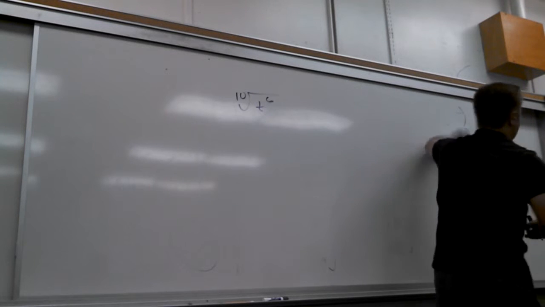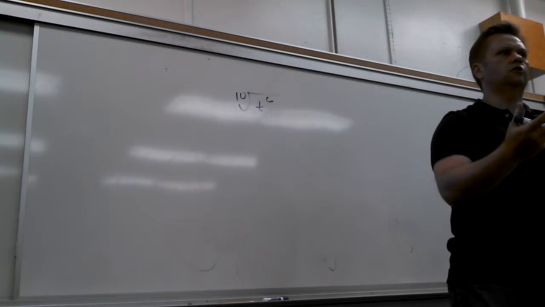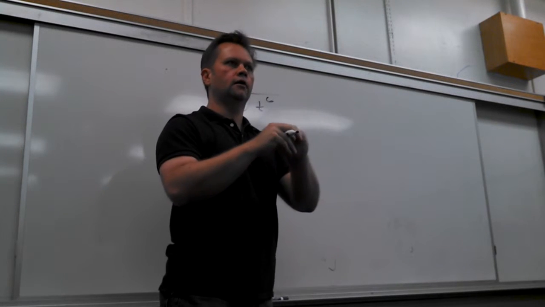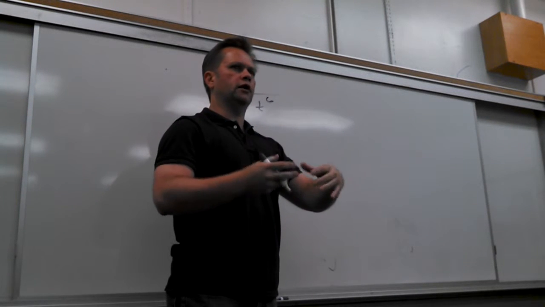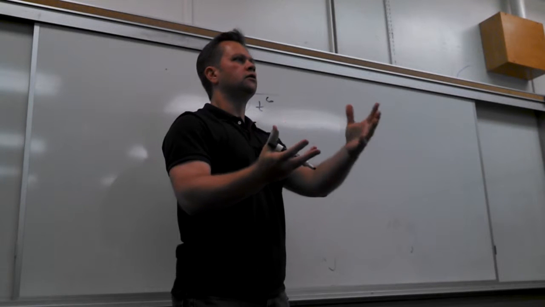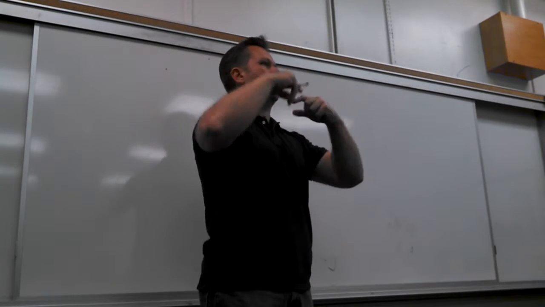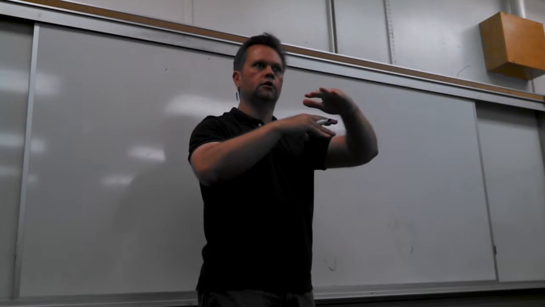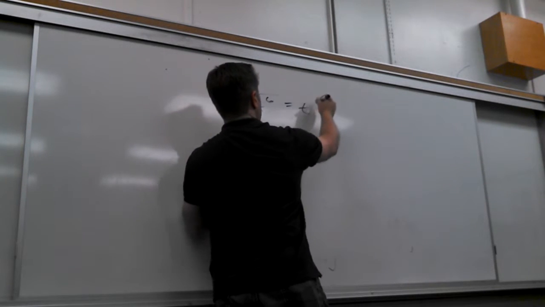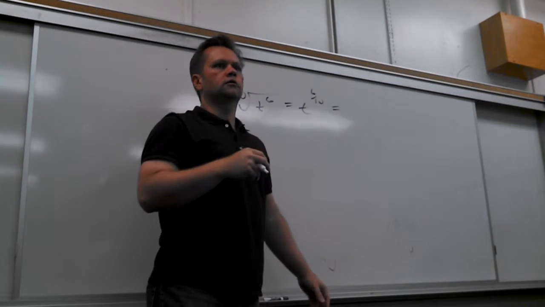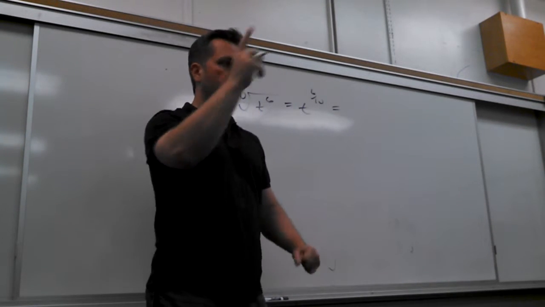What's another way to say rational exponents? The instructions say use rational exponents to simplify. What does the word rational refer to? What kind of number? Fraction, because the root word of that is ratio, right? So rational means fractional. So you can rewrite this as t to the 6 over 10, which you can reduce to 3 over 5.